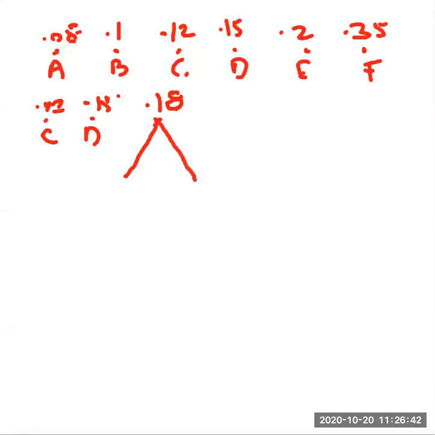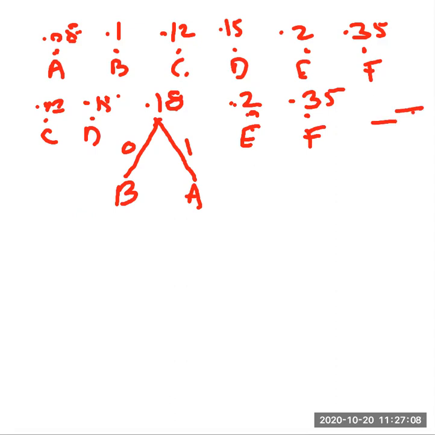Write the bigger one on the left. So B and A, 0 and 1. Then there will be E, which is 0.2, and then F, which is 0.35. This is the initial step.